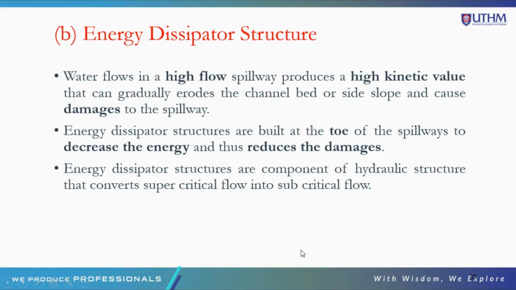The second structure is the energy dissipator. When water flows at high flow, the spillway produces high kinetic energy. Based on this design, the energy dissipator can decrease the energy and reduce the damage at the toe.